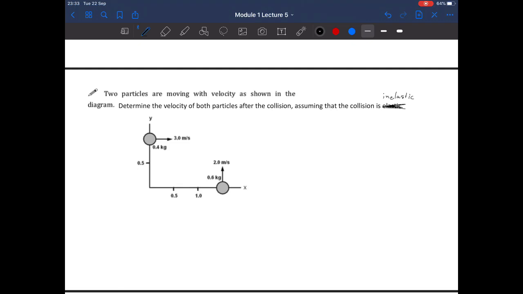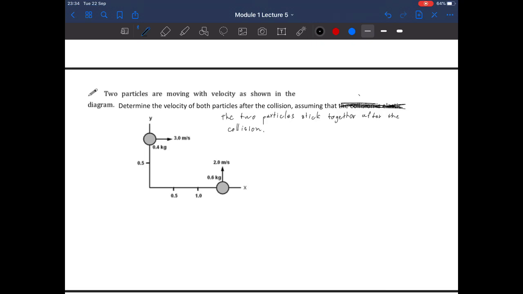Well, maybe inelastic is not the right word. Assuming that the 2 particles stick together after the collision.